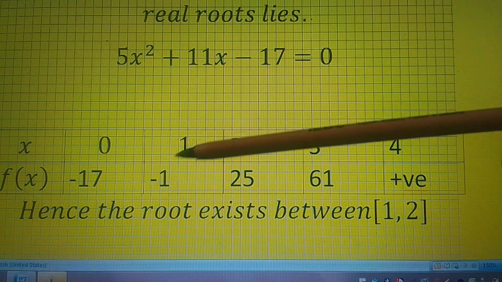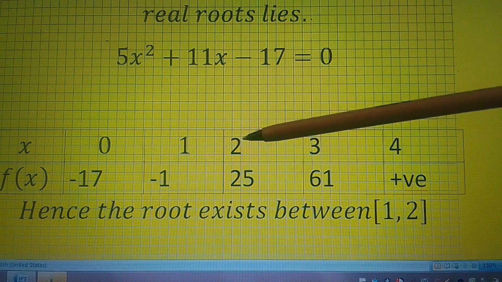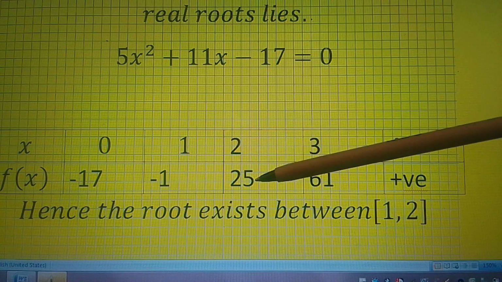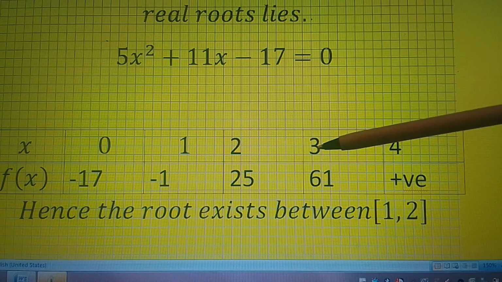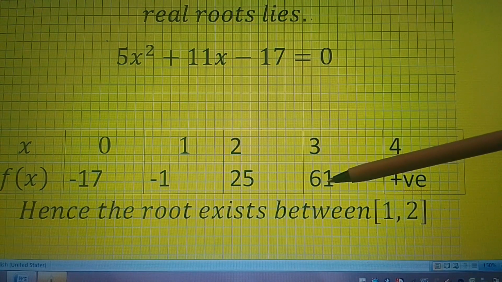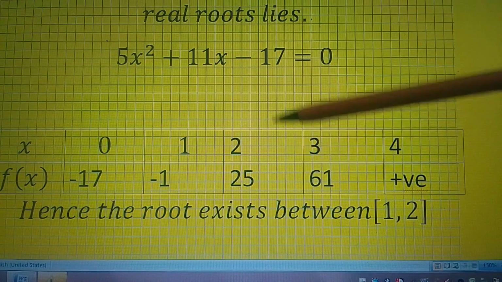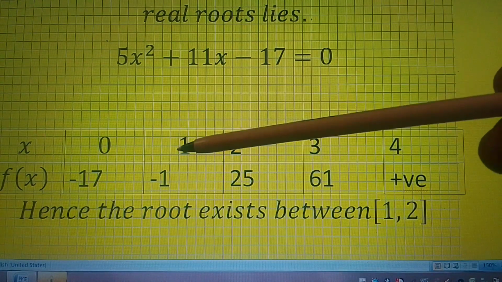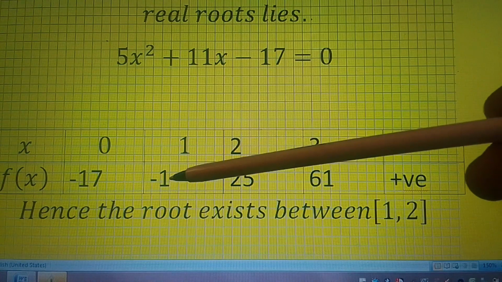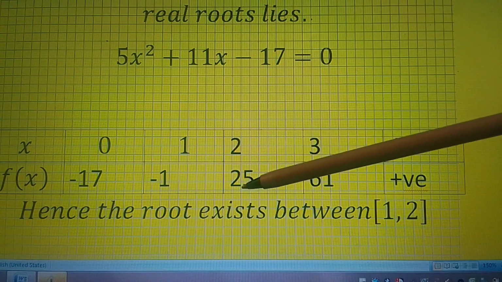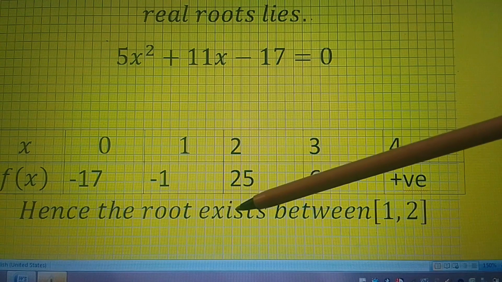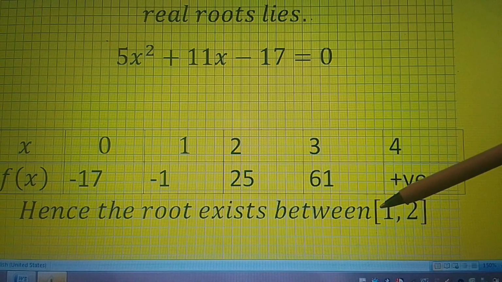When x is 1, f of x is negative 1. When x is 2, f of x is positive 25. When x is 3, f of x is positive 61. So there is only a change in sign between 1 and 2, where the sign changes from negative to positive.